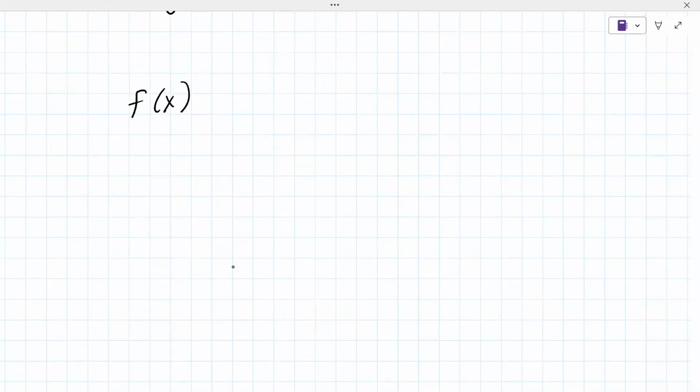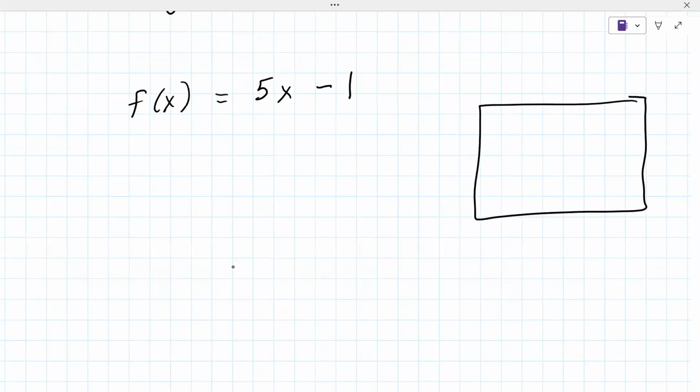It's gonna be a little bit different. Alright, give this one a try, please. Switch f of x to y. I want you to work this out on your own and just give me your final answer. Okay.